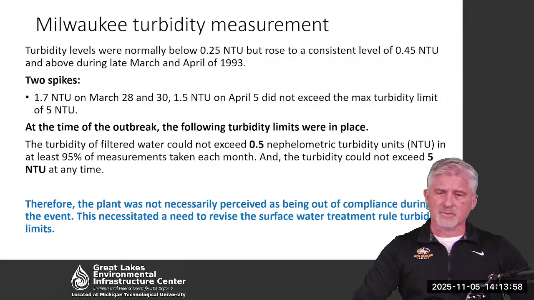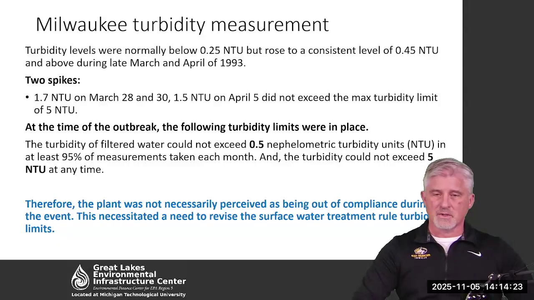So their turbidity measurements, they were normally below 0.25 NTUs, but they rose consistently to 0.45 NTUs during late March and April of '93. They had 2 spikes, a spike of 1.7 NTU on March 28th and 30th, 1.5 on April 5th, but they still didn't exceed that max turbidity limit at the time of 5 NTUs.